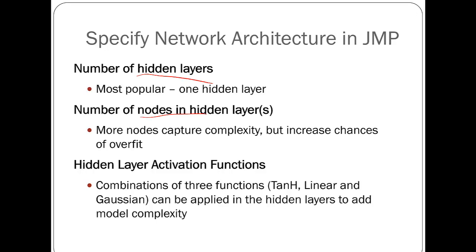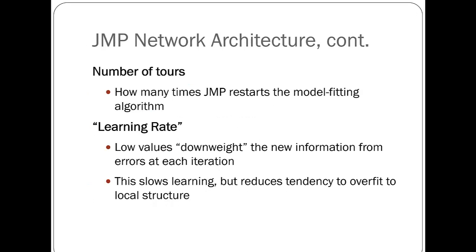You also have the choice of activation functions, and these include the hyperbolic tangent, the linear and Gaussian, and others. You also have the option of just saying how many tours you want to have. When we say tours, that means how many times JMP is going to restart the model fitting algorithm. And every time it restarts, it's going to have a different random set of weights that it starts with.